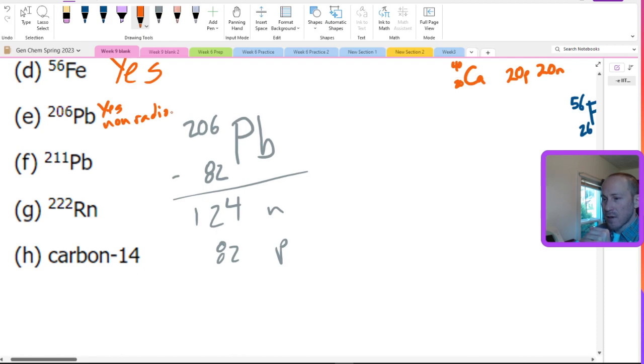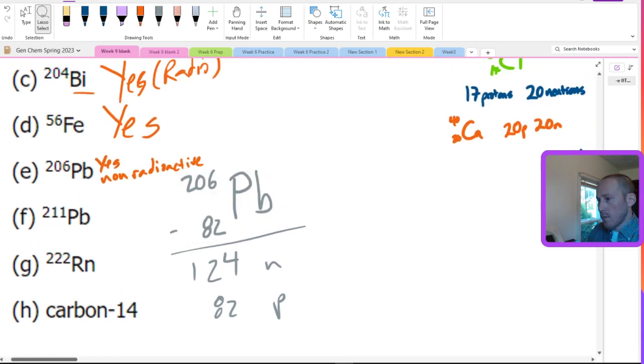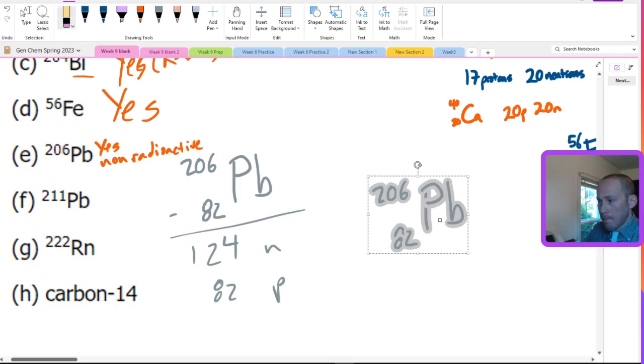With iron, I was being a little sloppy. I didn't really tell, but this is obviously right on it. So if we have the exact same thing, except for this time, lead 211.